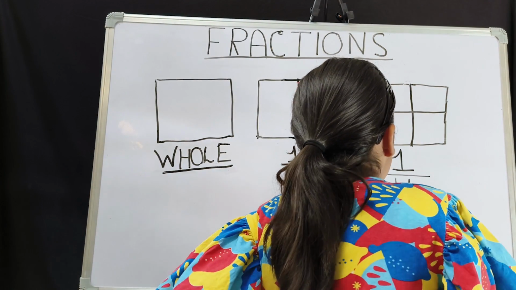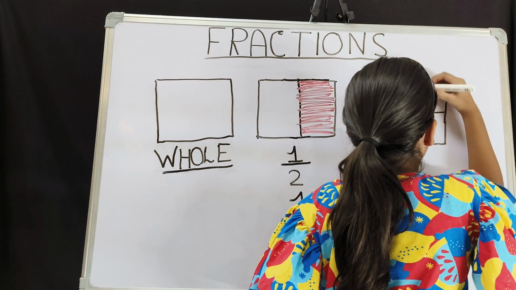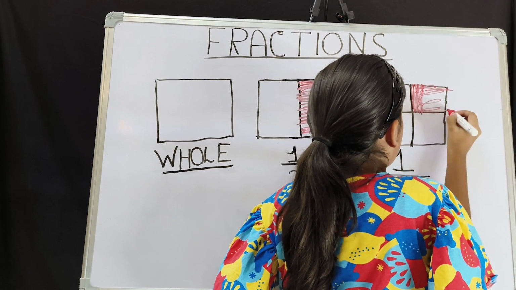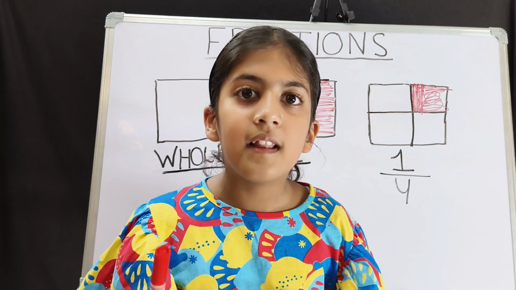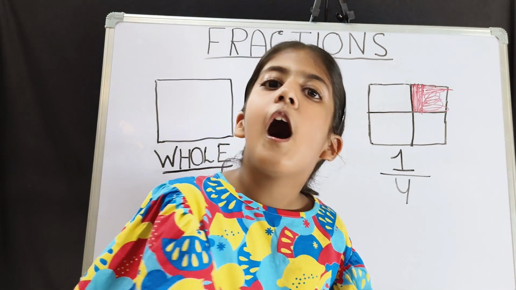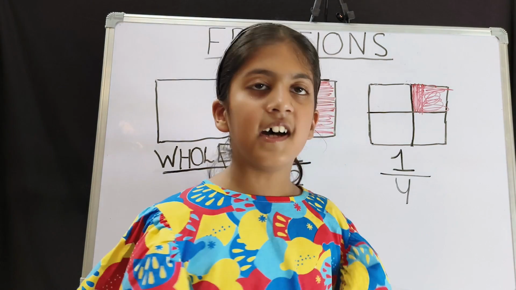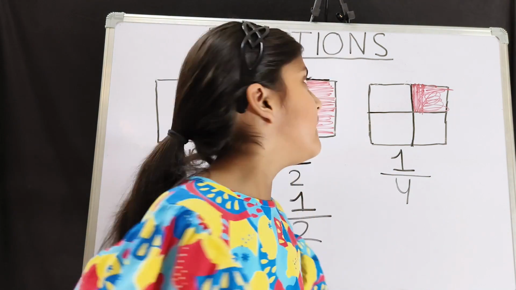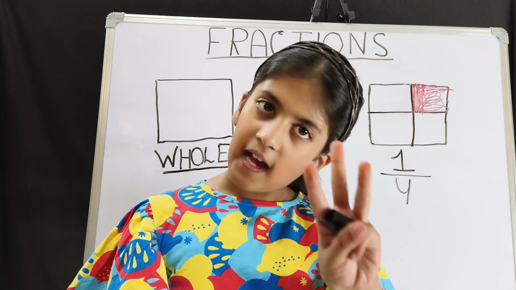Now, in this square, I have shaded only one part. So, what will be the fraction of the unshaded part? Let me show you. First, we will see how many are unshaded. Let me count. 1, 2, 3. 3 are unshaded.